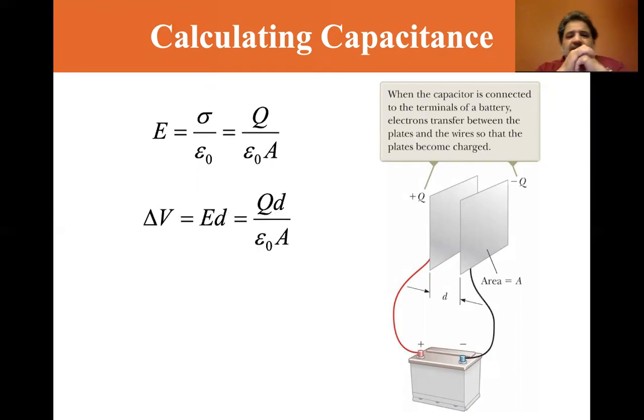Well, we also know delta V is equal to E d, the electric field times the distance, and E is equal to Q over epsilon 0 A, the area, and then times the distance.